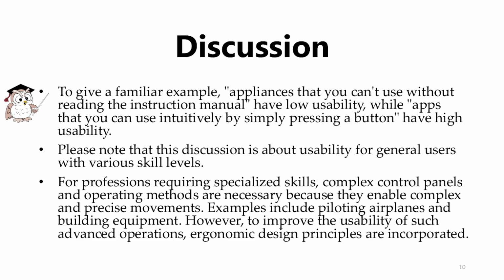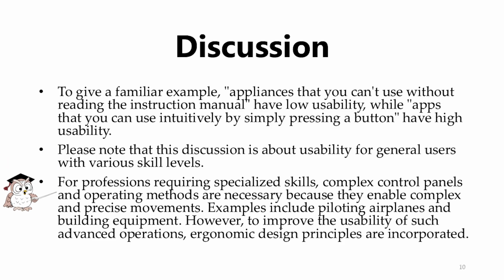Discussion. To give a familiar example, appliances that you can't use without reading the instruction manual have low usability, while apps that you can use intuitively by simply pressing a button have high usability. Please note that this discussion is about usability for general users with various skill levels.